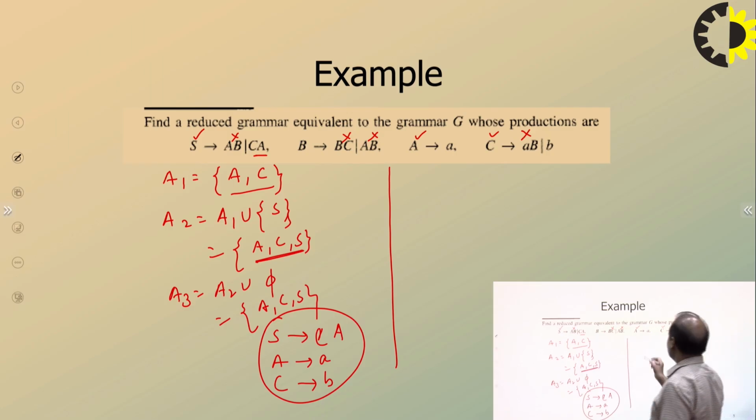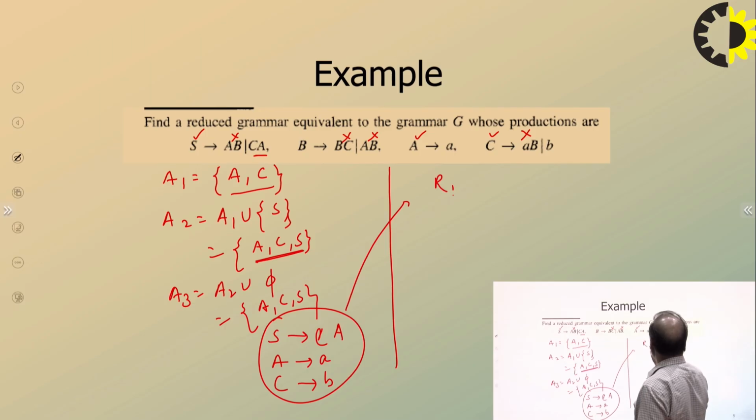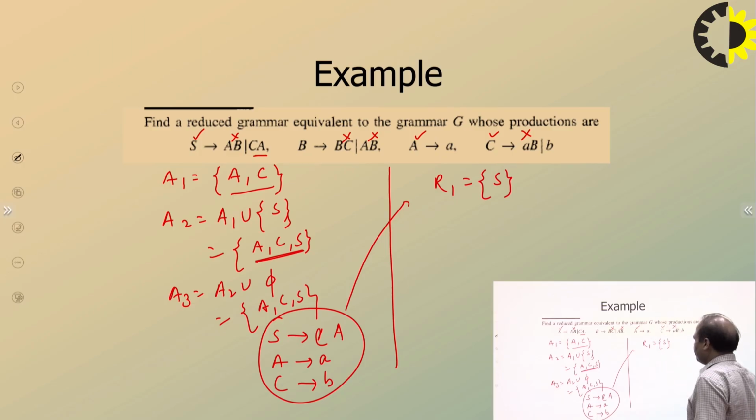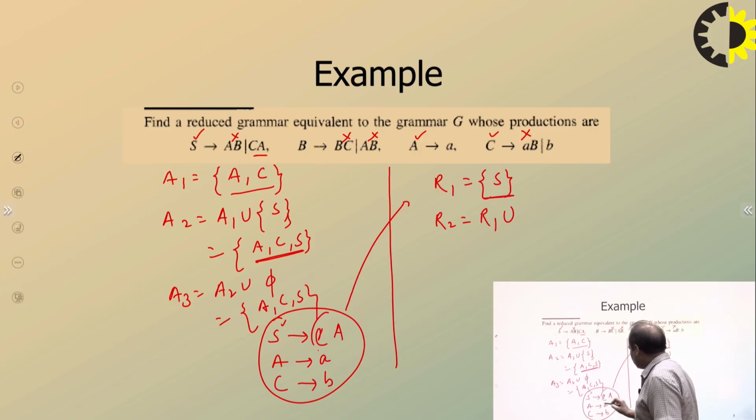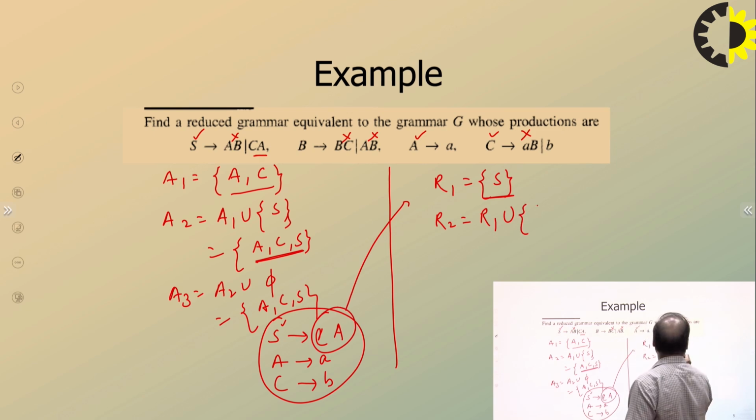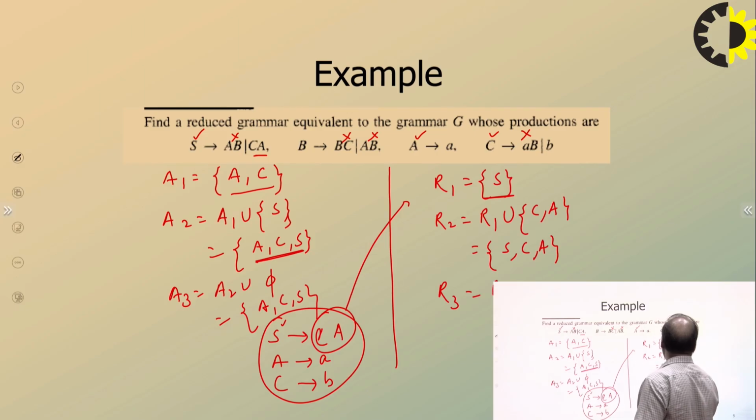Right? So from this grammar, you now apply the reachable variable step. So R1, as I said, is the starting symbol, okay, and R2 will be R1 union the right hand side of S. So this CA will be included over here, right? CA will be included here. So this is S, CA. Clear? And R3 means R2 union, S and CA in the left hand side.